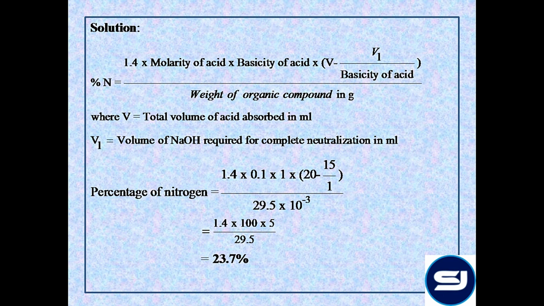So on calculation we get 1.4 into 100, 0.1 upon 10 raised to minus 3 gives you 100, into this difference gives you 5, and divide by 29.5. So overall we'll get 700 upon 29.5, which comes out to be 23.7%. So that's how we can solve the questions of Geldahl's method in a very simple manner.